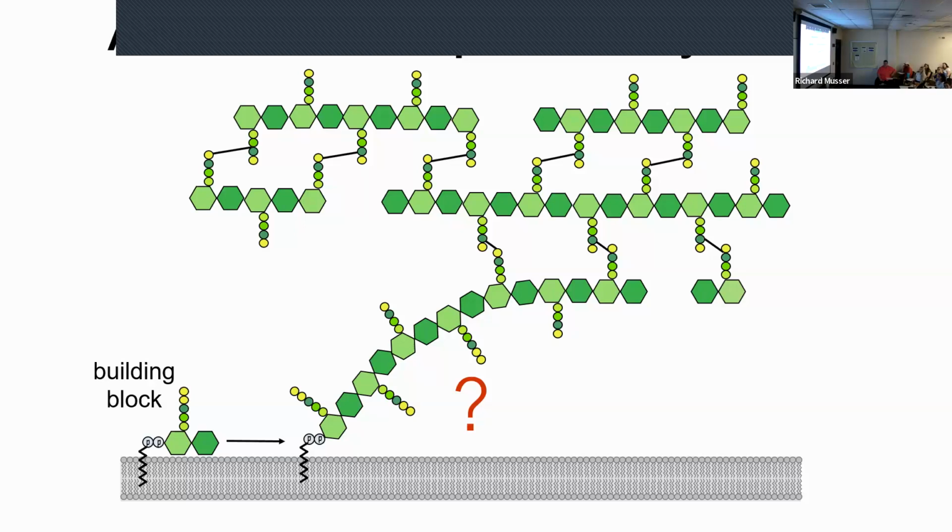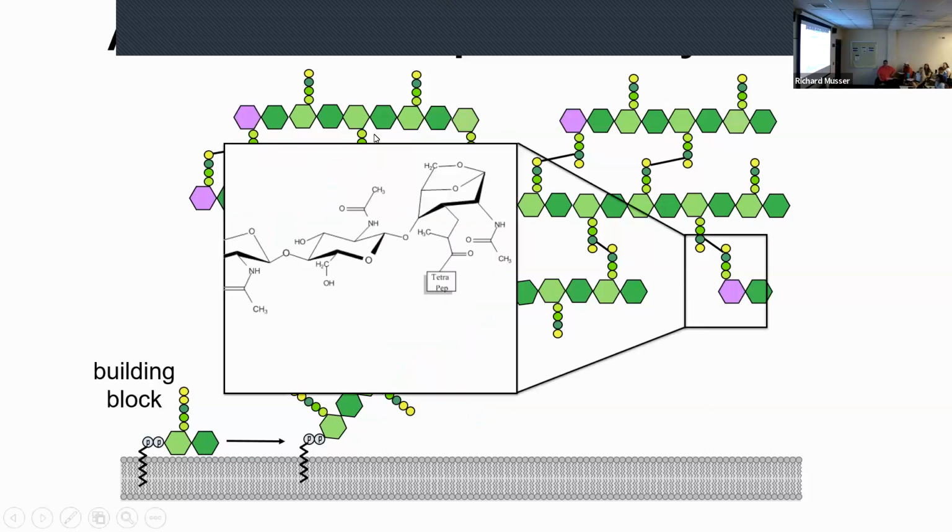And a clue for what enzyme might be doing this comes in the fact that all of the glycan chains are capped by a 1,6 anhydro N-acetylmuramic acid ring, or an anhydroMurNAc ring for short. So this caps all of the glycan strands, and it looks like this.